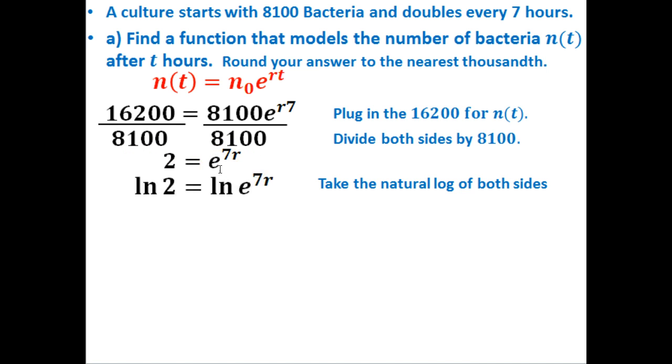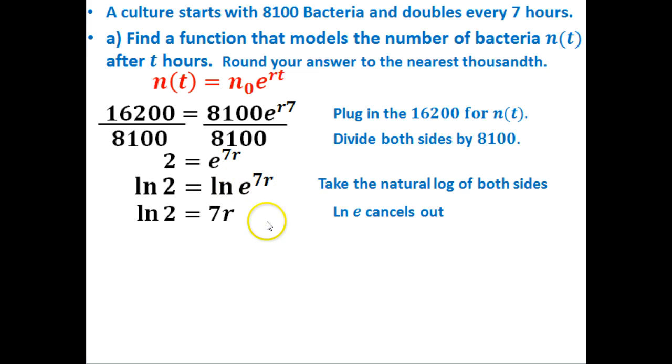As long as I do it to both sides, I haven't changed its value. The natural log has a base of e, so the natural log and e cancel each other out, which makes it a little bit nicer for us.